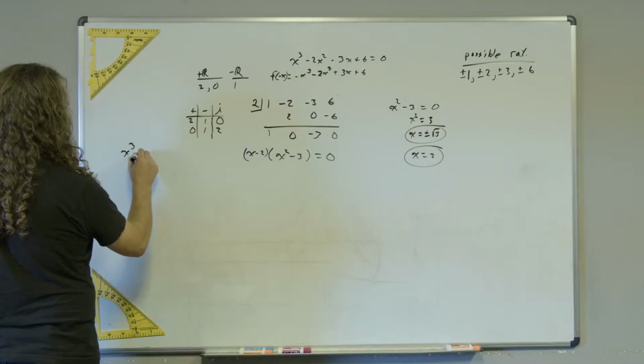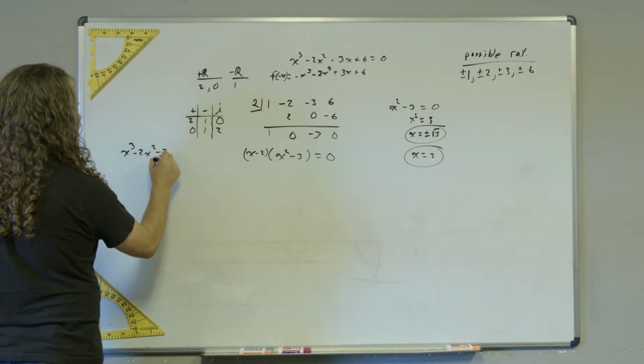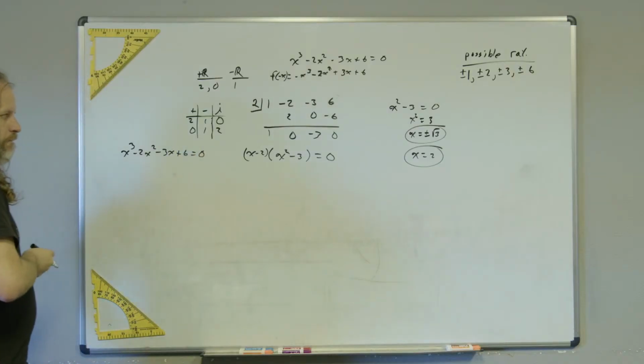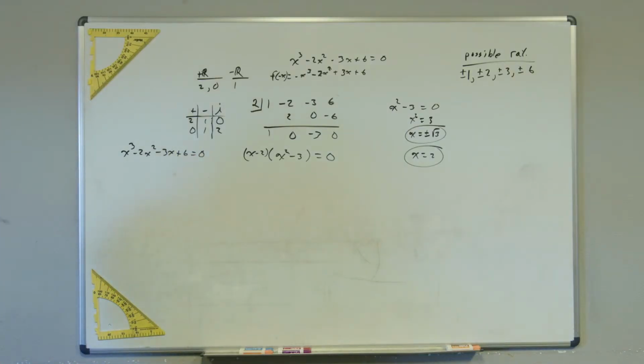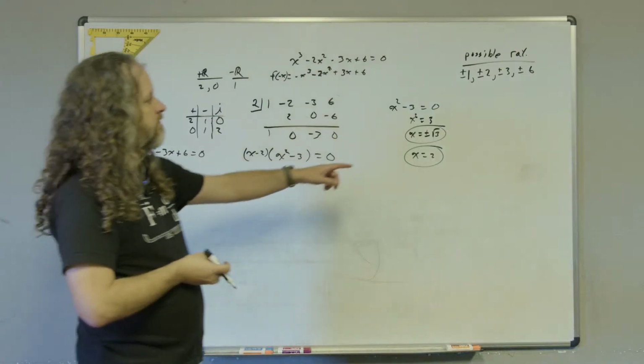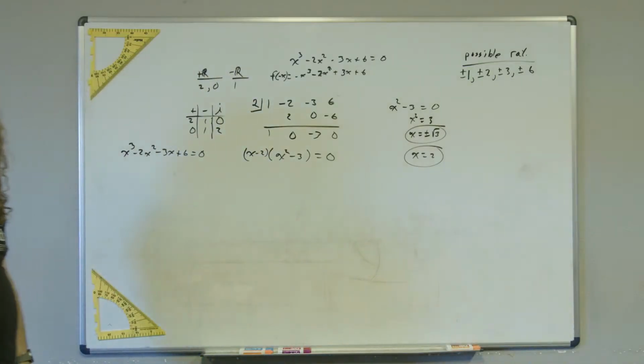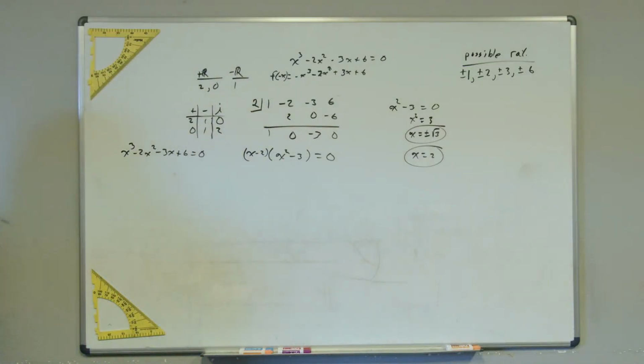Wait, what were we supposed to find then? There's 1, 2, and 3 roots. There they are, plus or minus square root. And find all roots. Yeah, we did.